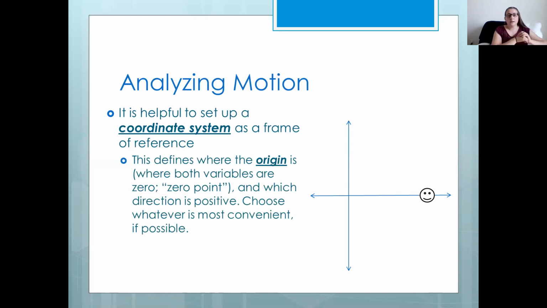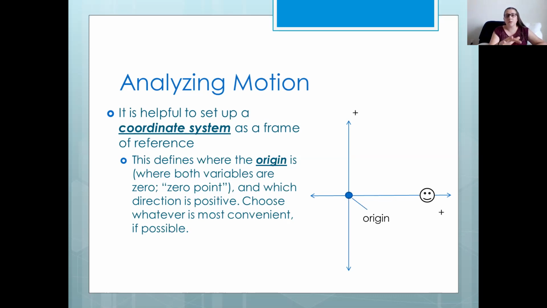Okay, a coordinate system is helpful because it defines where an origin is. And the origin is the place where both of your variables, your x and your y variables, are 0. Also, your 0 point is another way to think about it. It also establishes which direction is positive.